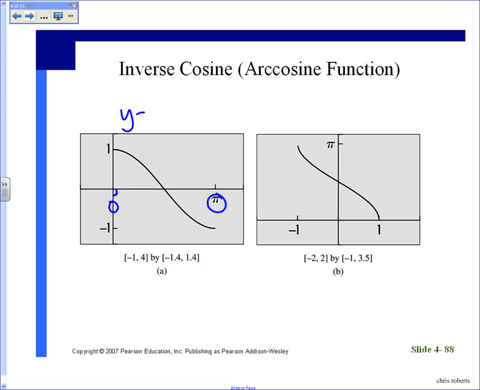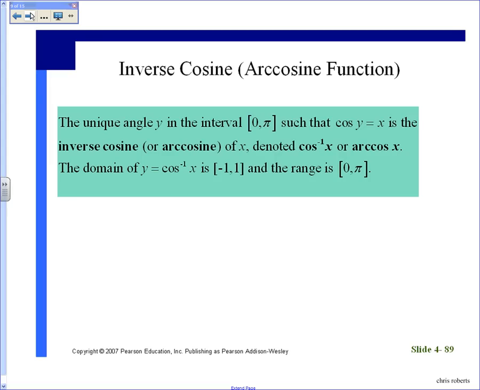So here's the graph of y equals cosine of x, and here is your graph of y equals inverse cosine of x. These graphs are not very important in terms of the actual graphing of the inverse functions, but it is important to realize why we need to limit the domain of the cosine, which in turn limits the range of the inverse cosine.